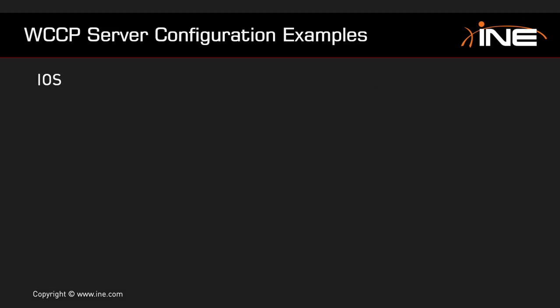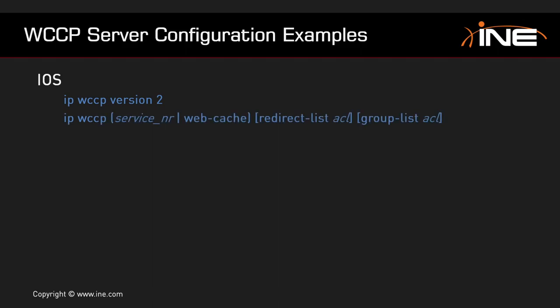One more thing I want to show you before we jump into a demonstration is the configuration syntax for IOS and then for the ASA. It is going to be actually very similar. On IOS, you will have to say ip wccp, you specify the version, then you build a WCCP instance.